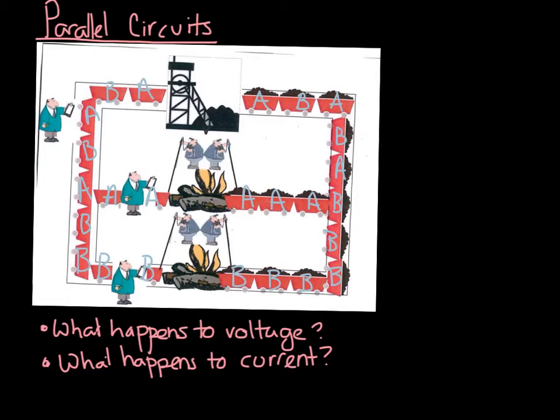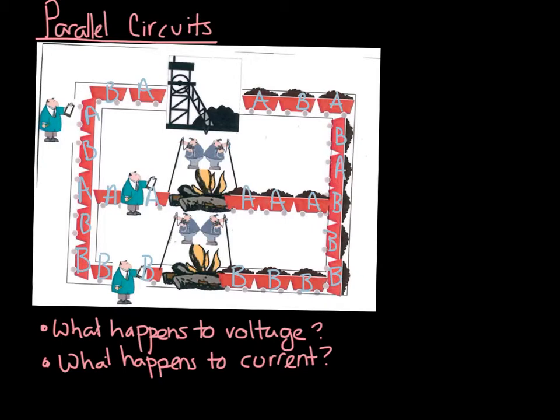Now if we label the trucks, this can help us see what's going on. So here I've got trucks A and B alternately coming out of the cell, and then they get to the junction and all the A trucks go this way and all the B trucks go this way. And then when they come back round to this junction, they then merge back together, so you've got AB, AB, AB.